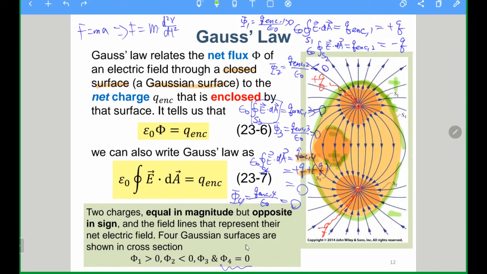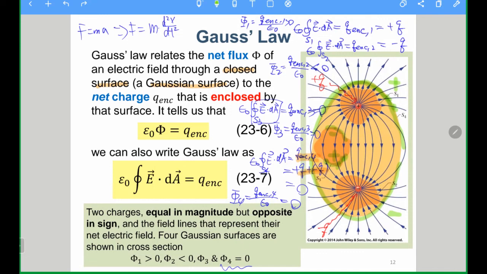Okay, so this is the main part of Gauss law. Actually, I think you need to remember some definitions.